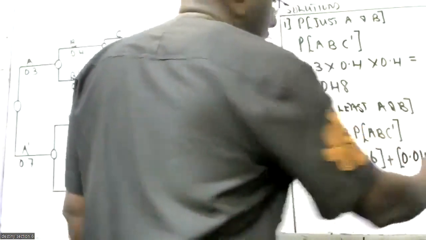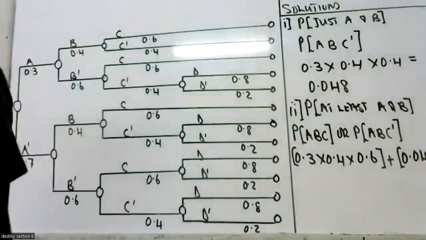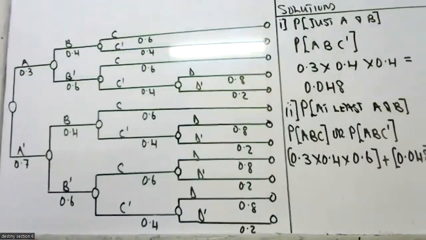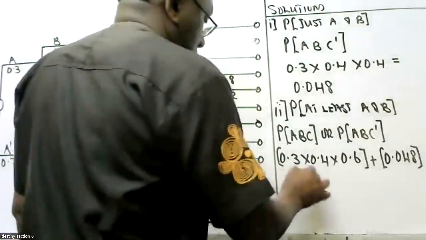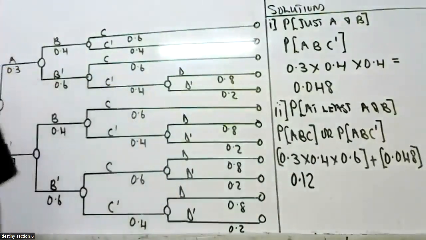We don't have to rewrite it again. 0.048 plus 0.072 gives 0.12. Good. The next one is C and D.